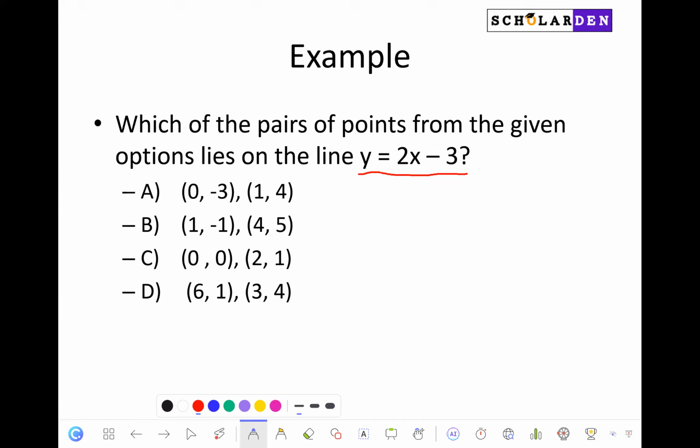And we know that the run is always positive, so x2 minus x1 should always be greater than 0, because x2 is always going to come in later and x1 earlier. Whether the slope is positive or negative doesn't matter, x2 is always rightward along the x-axis.